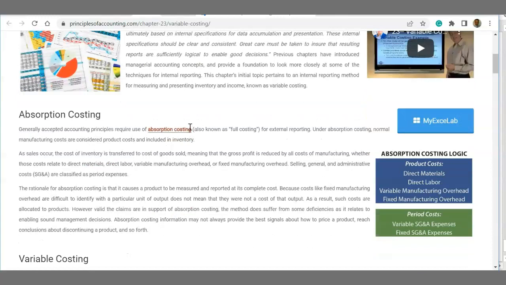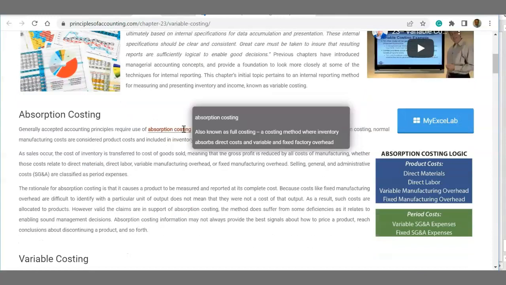Okay, so what is absorption costing? It's also known as full costing, a costing method where inventory absorbs direct cost and variable and fixed factory overhead.